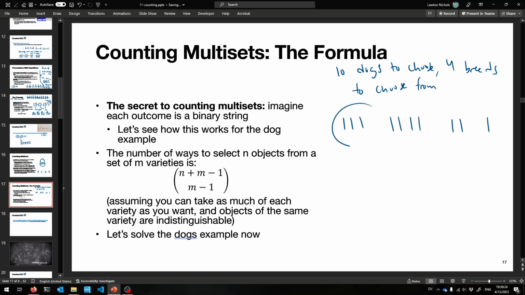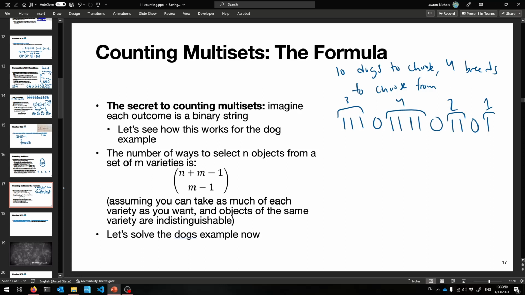I can represent the fact that I want 3 of these, 4 of these, 2 of these, and 1 of these by putting them in order with 1s. This is a binary string, and then separating the breeds with 0s. Isn't that so cool? That's how you can represent the fact that I want 3 of the first thing, 4 of the second thing, 2 of the third thing, and 1 of the last thing. And if you wanted 0 of the last thing, you just don't put a 1 there.